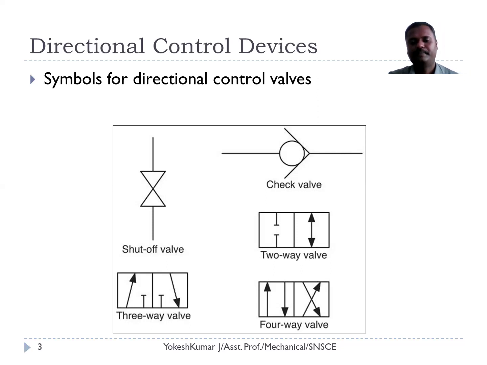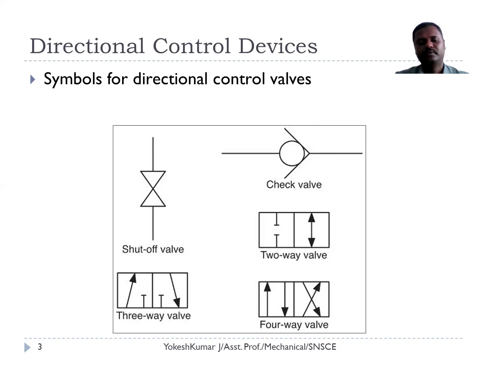This is the actuated position or on position, and this right hand side position is called the unactuated position or off position. When the pump port is connected to the actuator port A, the cylinder goes to the extended position and the rod end oil is bypassed to the reservoir with the help of this port. Since the actuator port B is connected with the reservoir, the oil is bypassed to the reservoir.